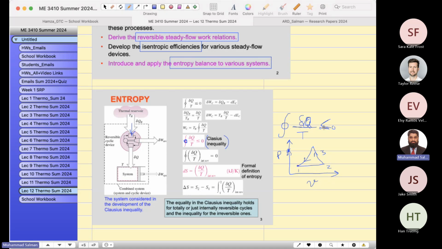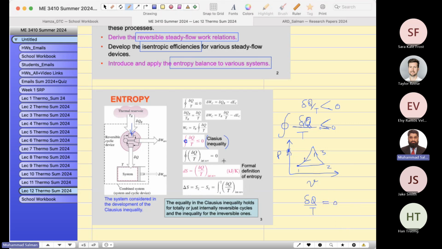So in a complete cycle, you either lose heat, that's why you have a negative sign, or if this is a perfectly reversible process, there are no losses, like perfect insulation, then you do not lose heat.